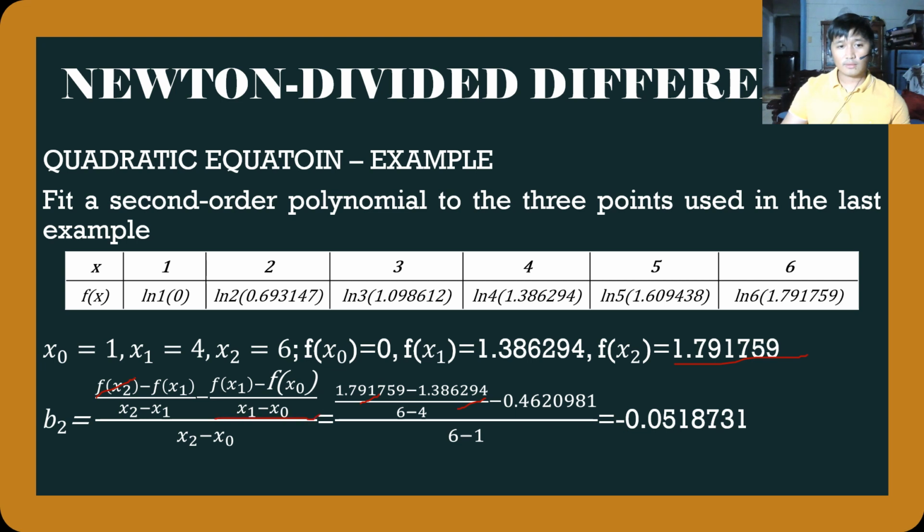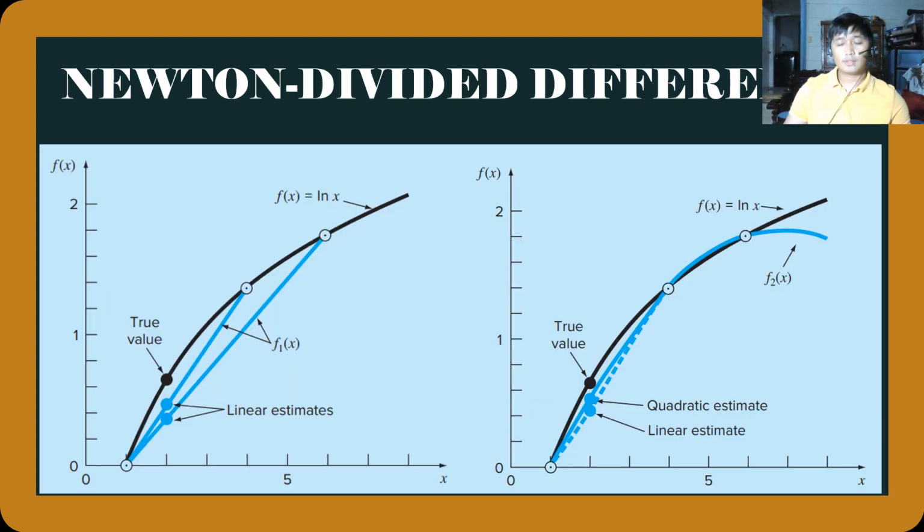Since we already calculated b sub 1, I just copy the value here and plug in the remaining variables. So we arrive at the answer of negative 0.0518731. So this is the graph.